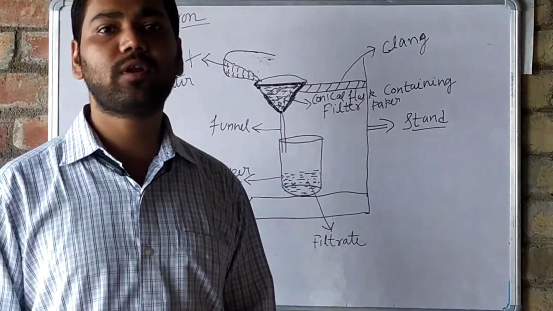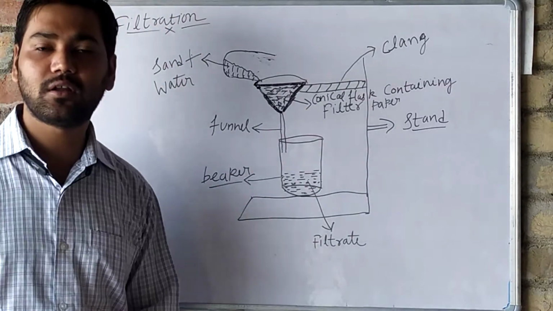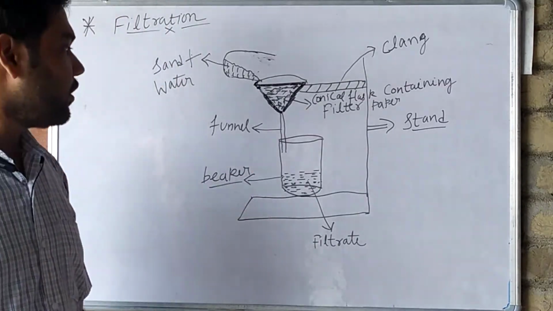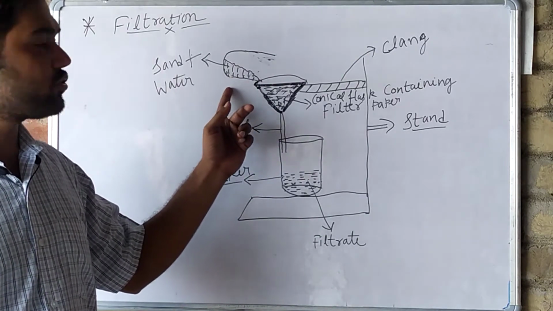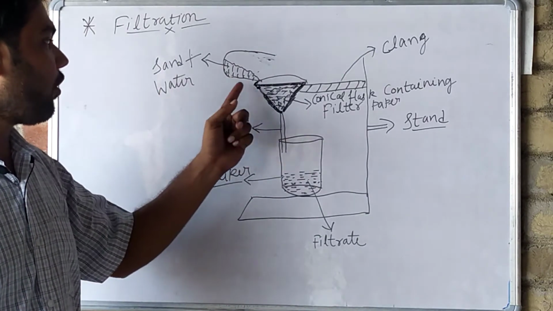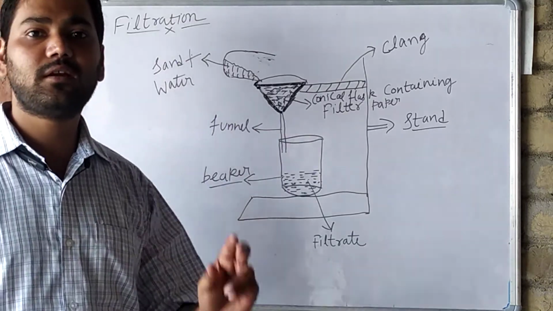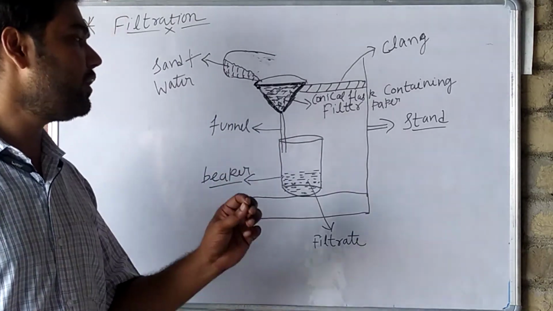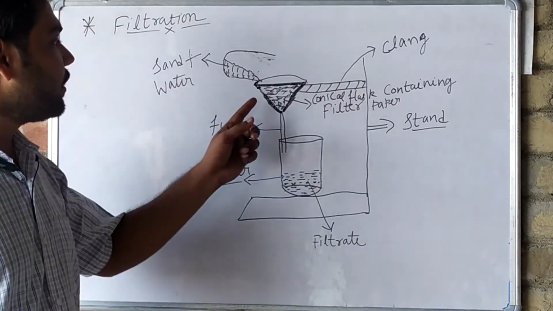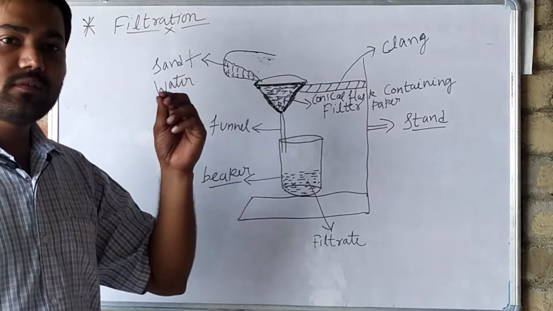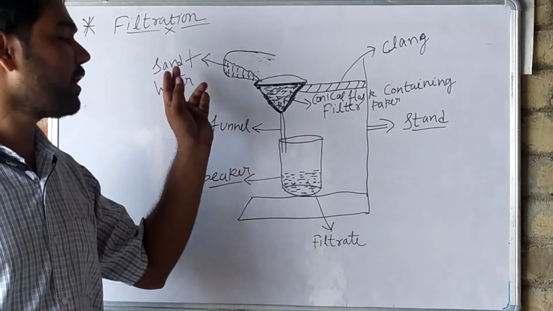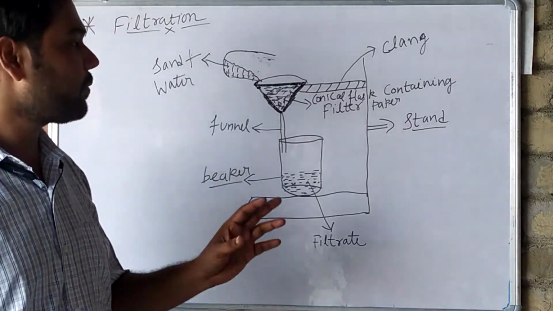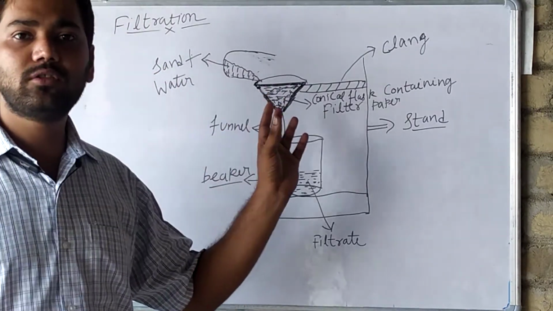Now how do we do filtration? When we pour this solution of sand and water slowly onto the filter paper, what happens? The sediment, that is the sand particles, will settle on the filter paper.